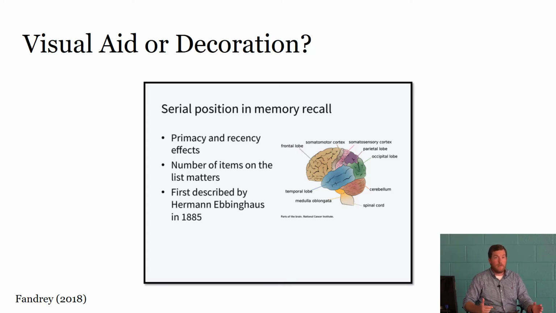So a picture of a brain, not necessarily supporting that. We use our brain to remember things, but we use our brain for a lot of other stuff too, right? So the point being, when we go to identify a visual aid, the main question needs to be, does it support the main idea that I'm trying to get across, right?